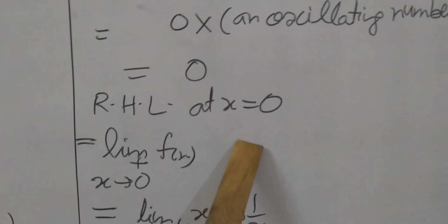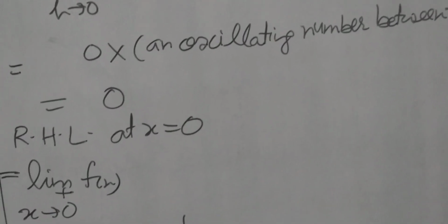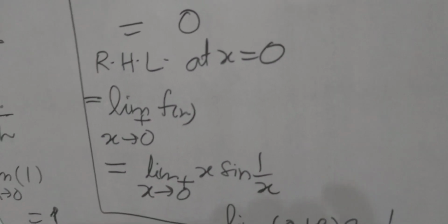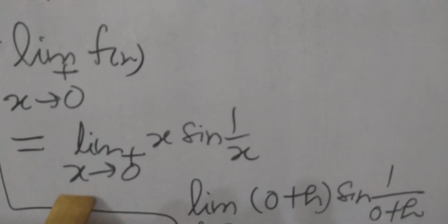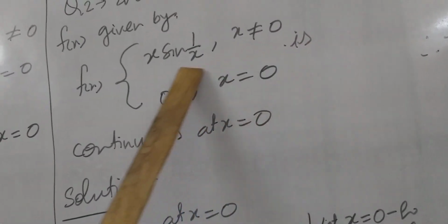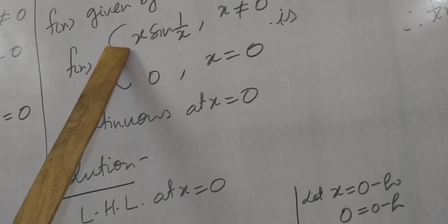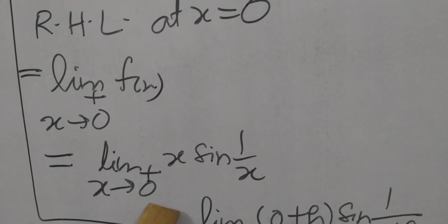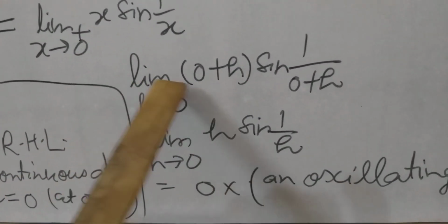Now RHL at x tends to 0. Limit x tends to 0 plus f(x), limit x tends to 0 plus x sine 1 upon x, because it is given here x is not equal to 0, then we have to use this function. And here we are going to take little bit more than 0. Therefore the function is x sine 1 upon x.